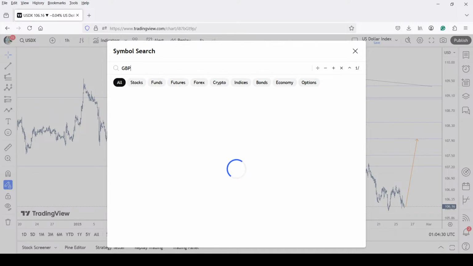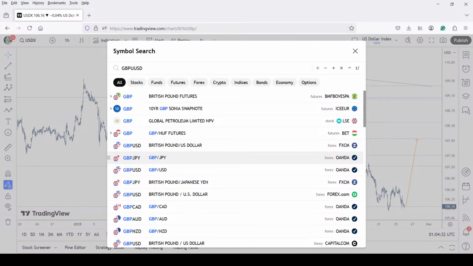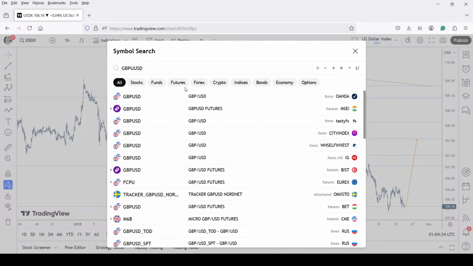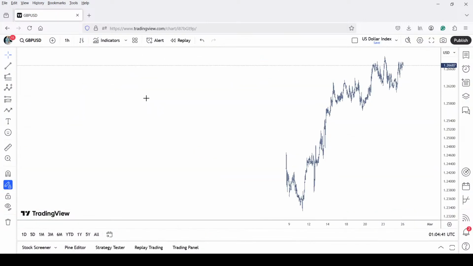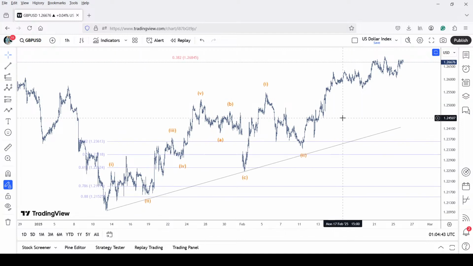All right, sir. GBP USD now. Okay, that's the same. It's the same old story as we just discussed in the euro and the dollar index.